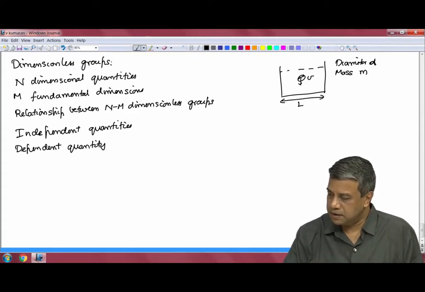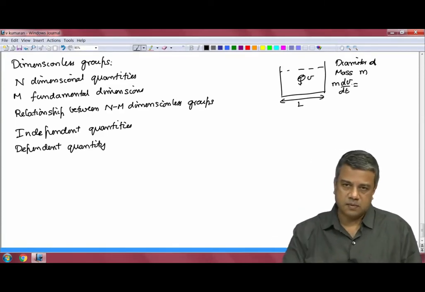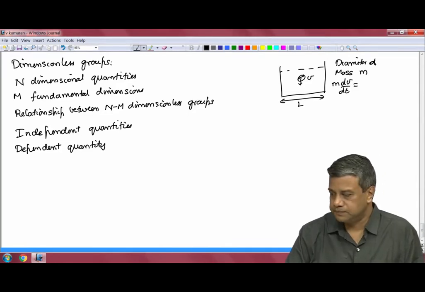Now, if you write the Newton's law for this spherical particle, basically what it will say is that mass times the acceleration dV by dt is the sum of the forces. Okay. Forces are of different types.